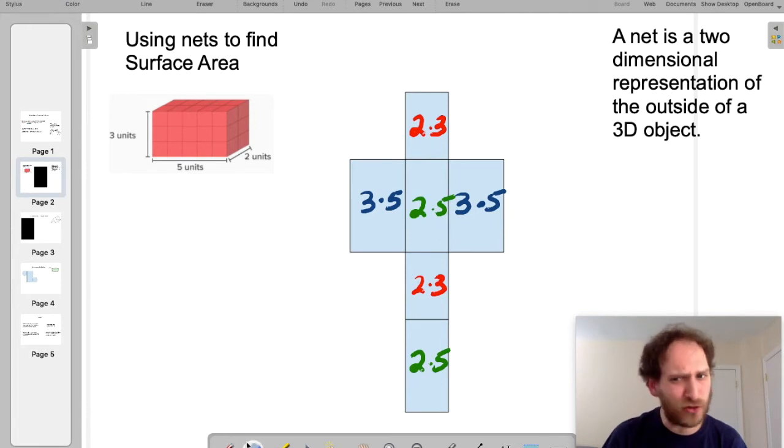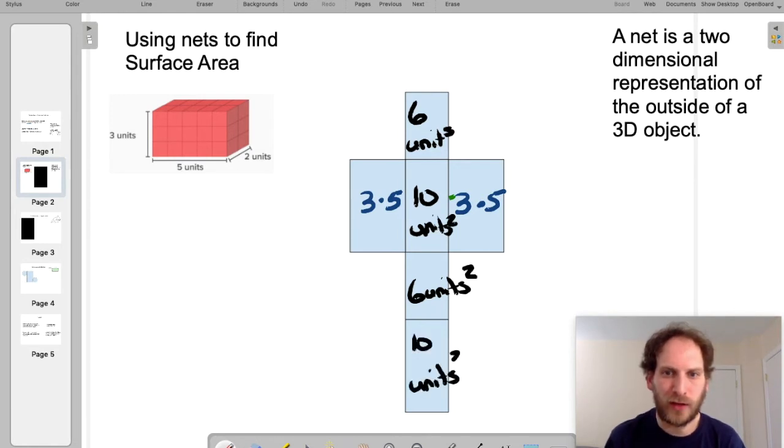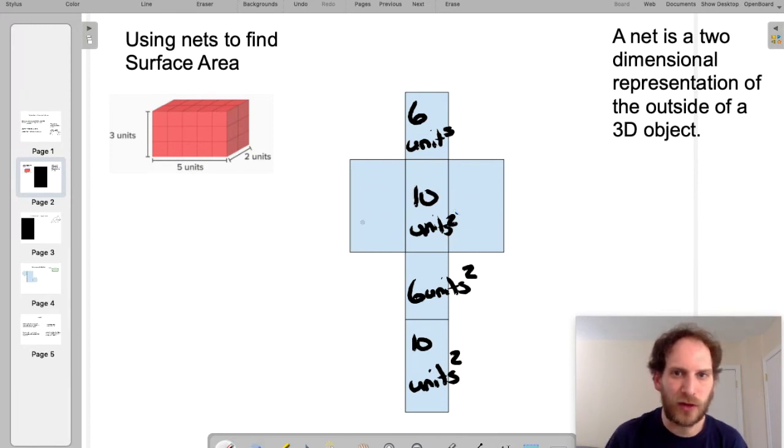So each of these are rectangles. So 2 times 3 will become 6 square units. 2 by 5 will become 10 square units. And then finally, 3 by 5, for the sake of time, we're not going to label these, but they end up being 15.